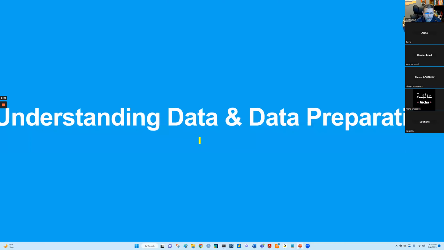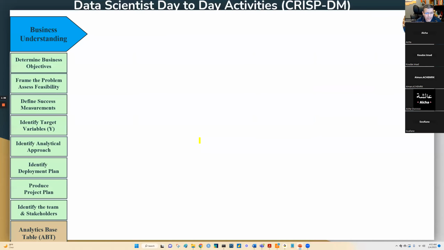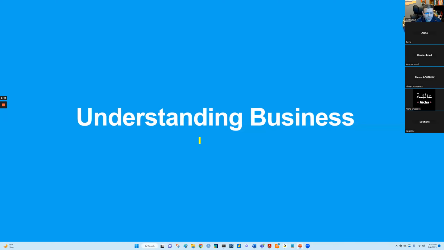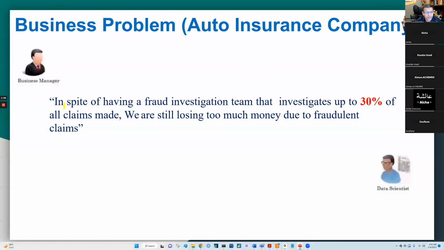Okay, so you are still working as data scientists for our insurance company. And the problem that we were trying to tackle through analytics says: in spite of having a fraud investigation team that investigates up to 30% of all claims made, we are still losing too much money due to the fraudulent claims.